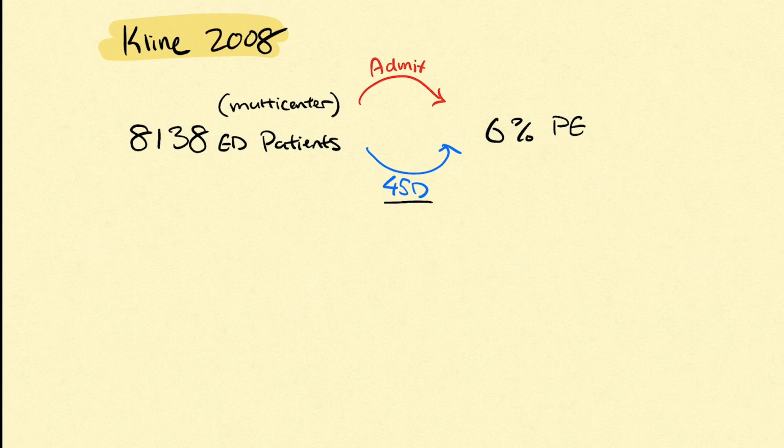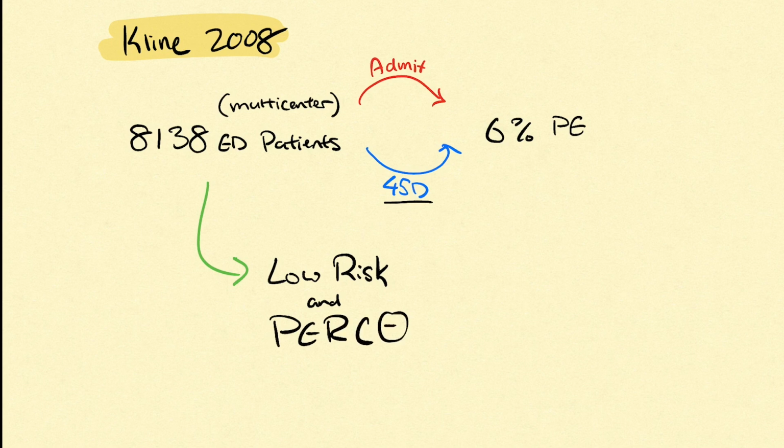So then they divided this subset to look at two things: people who were considered low risk by the clinician and PERC negative. All right. So how many of these people, both the clinician thought there wasn't a PE and they used the PERC rule, right? Those 8 criteria.